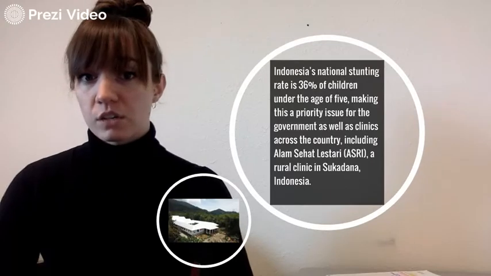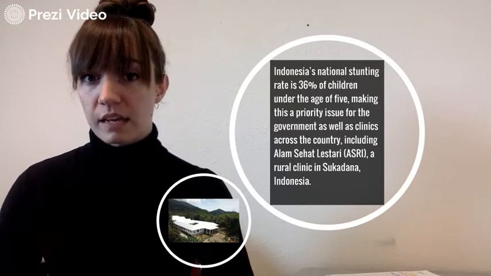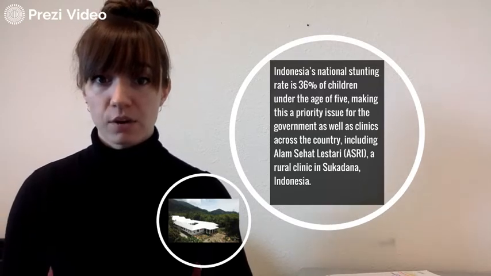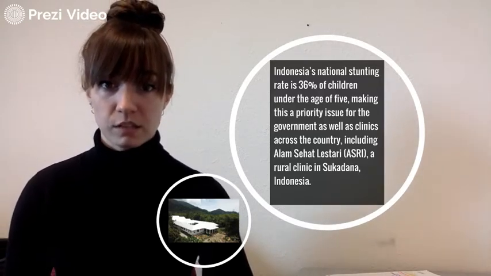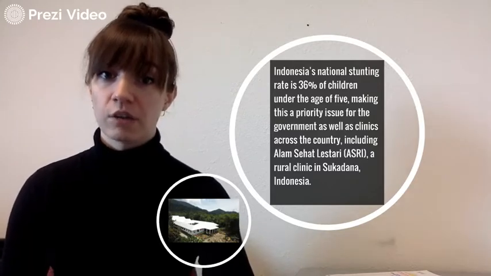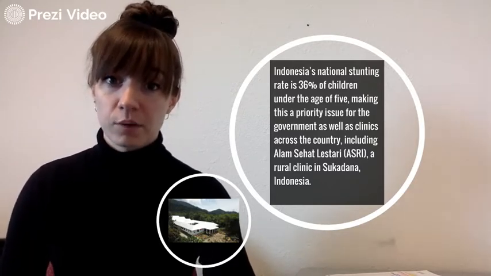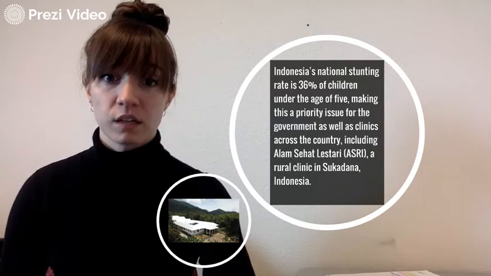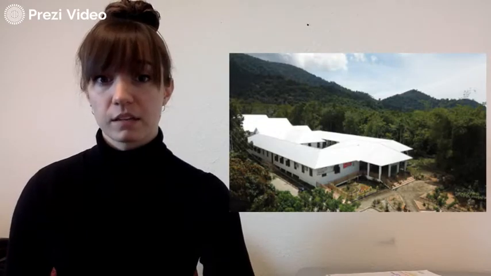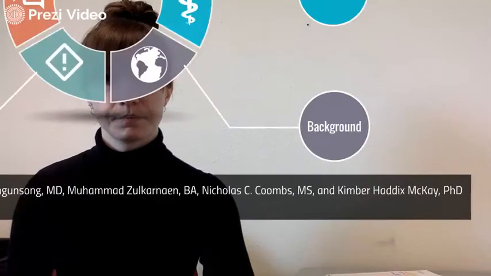Indonesia's national stunting rate is 36% of children under the age of 5, making this a priority issue for the government as well as clinics across the country, including Alam Sehat Lestari, or ASRI, the clinic that I worked with in Sukadana on the island of Borneo. And here's a picture of the clinic nestled right up into the rainforest there.